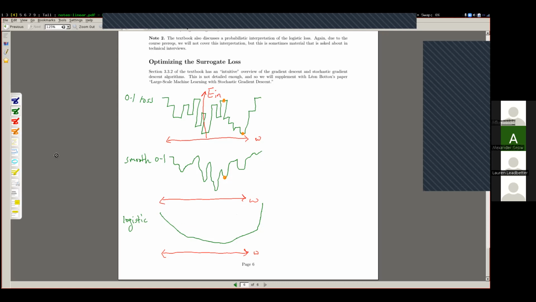quadratic. And then the key idea of the logistic loss or any of these convex loss functions is that once you find a local minimum, it's guaranteed to be a global minimum.